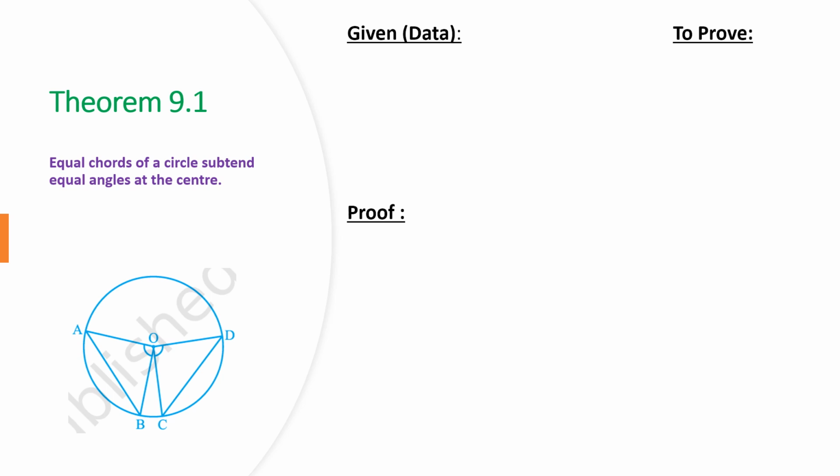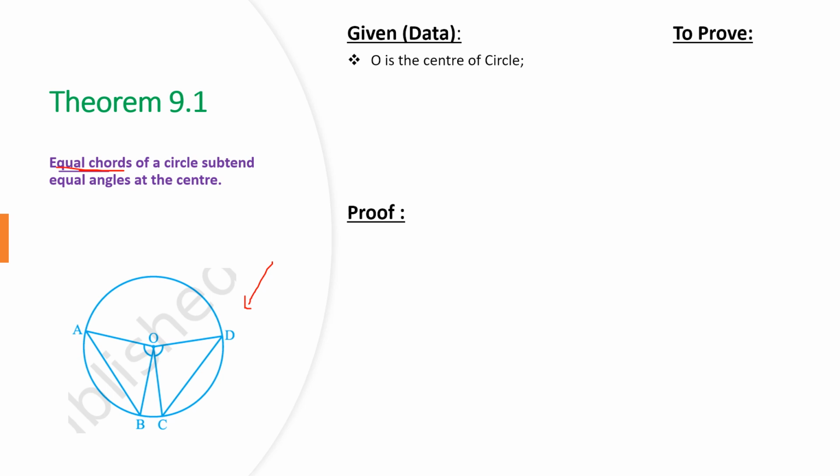What is this talking about? It is talking about equal chords. So I have to come up with a diagram which has equal chords. This is a circle. It has equal chords, and those equal chords are AB and CD.